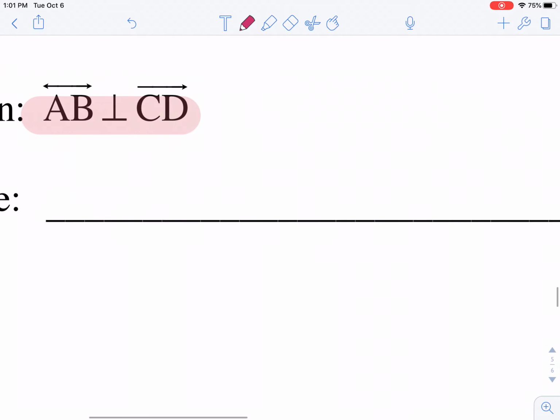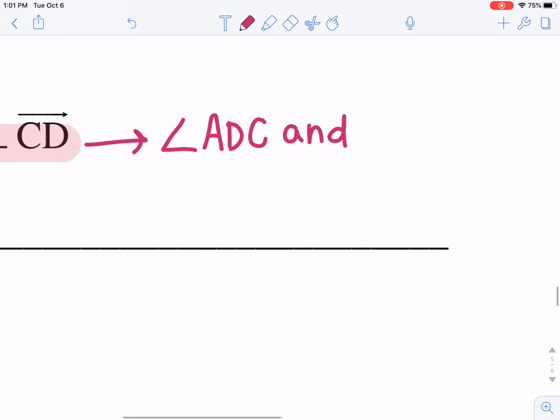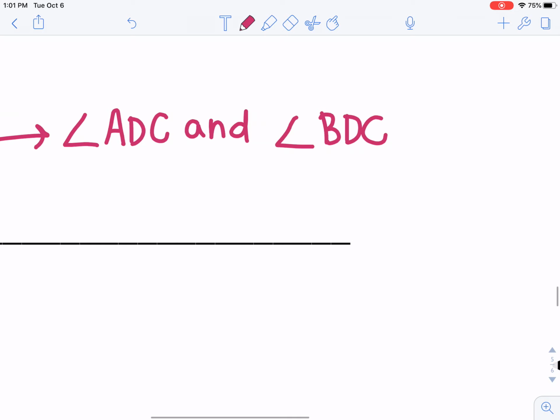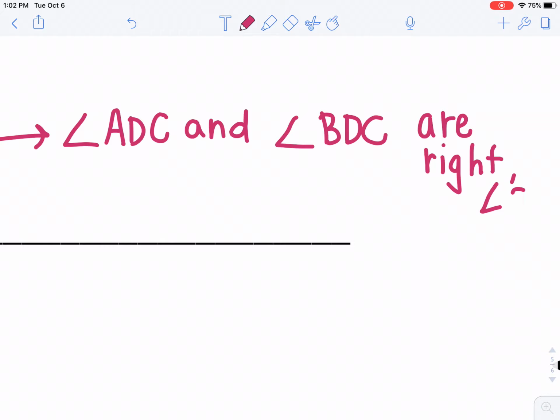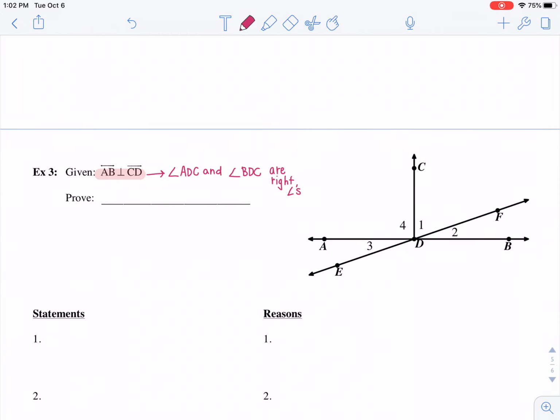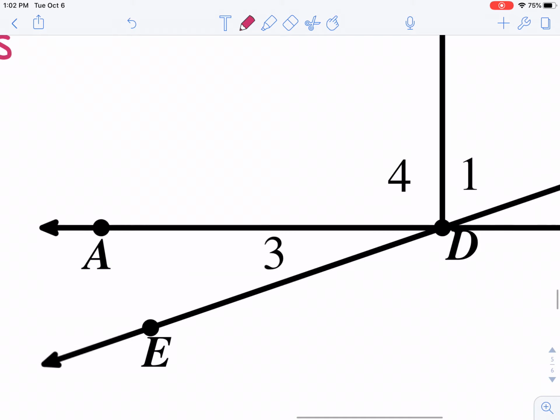Well, this tells me, okay, we know that perpendicular lines form right angles. So this tells me angle ADC and angle BDC are right angles. Okay, so let's go ahead now and label that on our diagram.